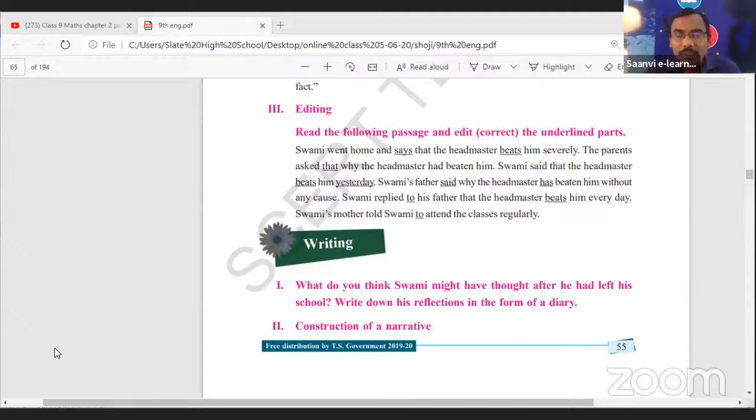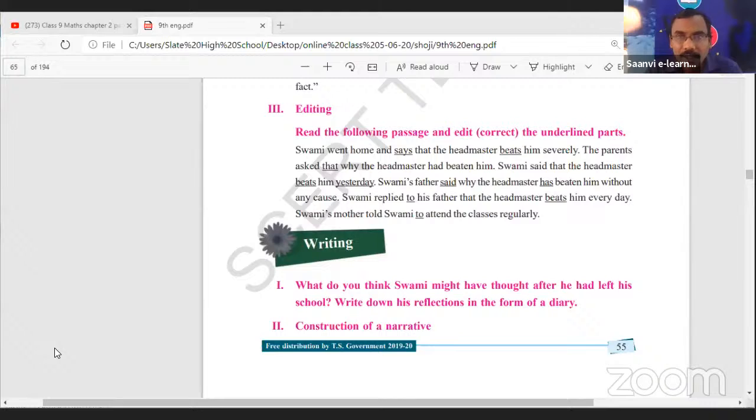Remove beats and write there had beaten him yesterday. Cut yesterday and write there the previous day.